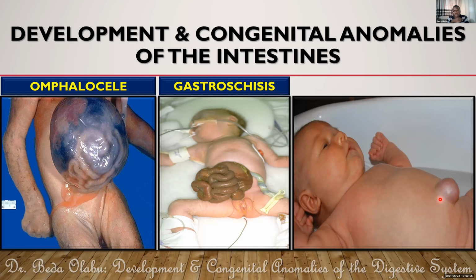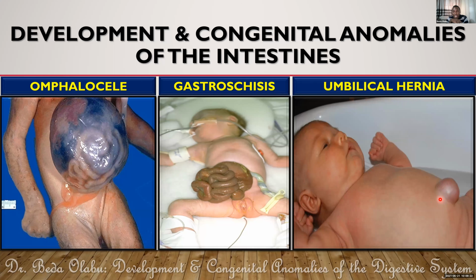This other one is not necessarily a problem of the intestines, but I like putting it here because it is closely related to development of the intestines. There are some people who have this very prominent umbilicus, even in this class, I'm sure. This is what we call umbilical hernia. It is caused by a defect in the umbilicus. Now remember, if the intestines herniated, went through the umbilicus to the hernia sac outside the abdomen, and then went back, we expect the umbilical defect to close.